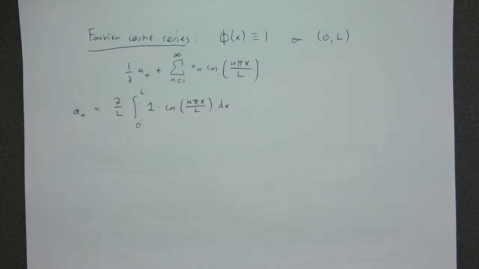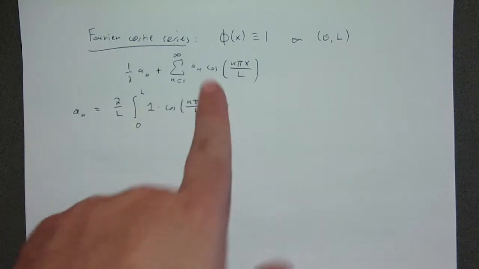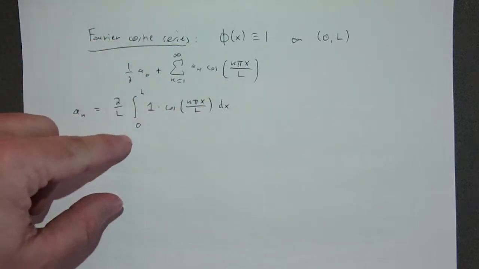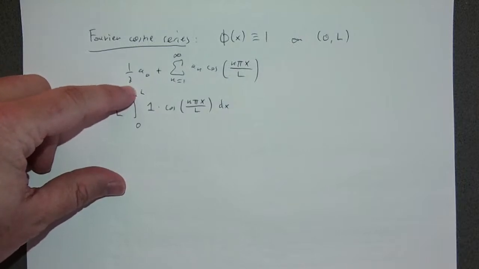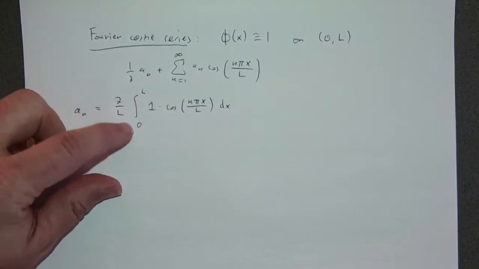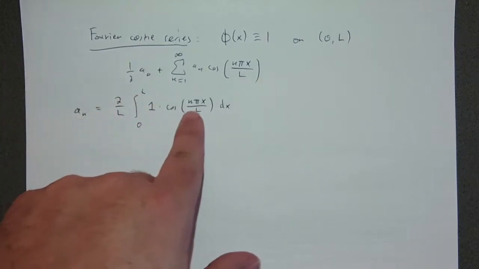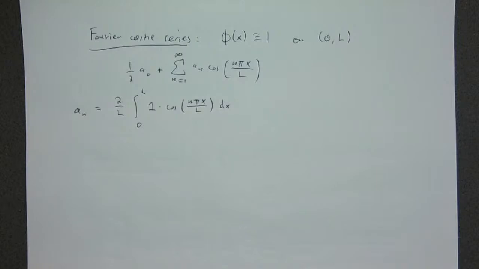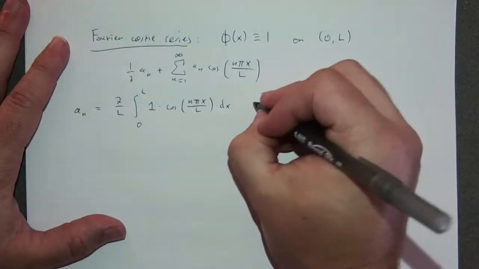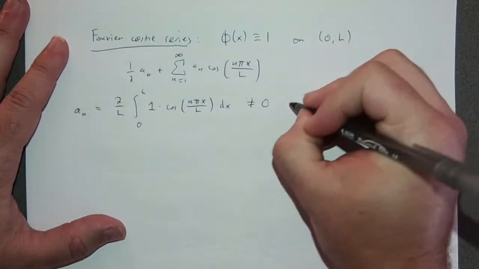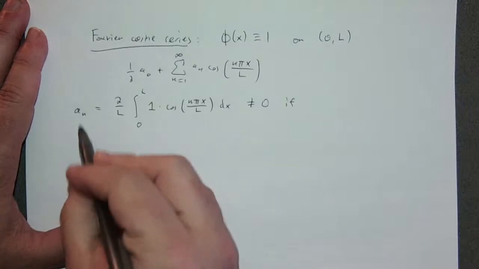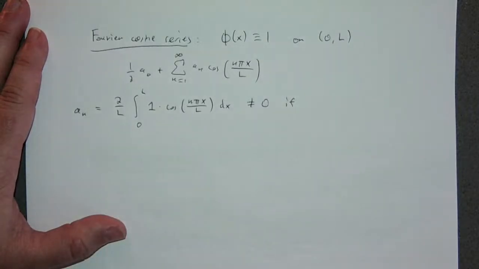Well, when you integrate a cosine, of course, you're going to get a sine, evaluated at 0 and L. And sine of 0 is 0. And at L, it's going to be sine of n pi, so that's also going to be 0. So actually, this equals 0 for all n. Is this true for all n?